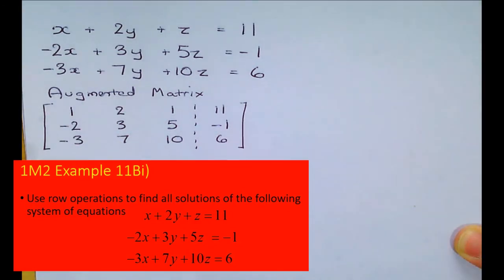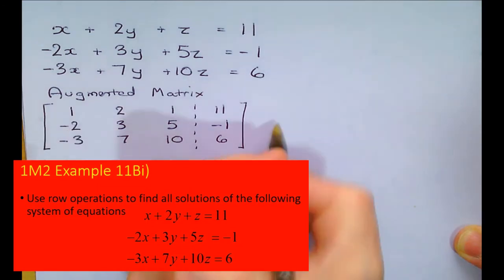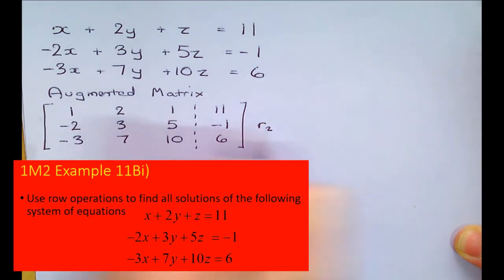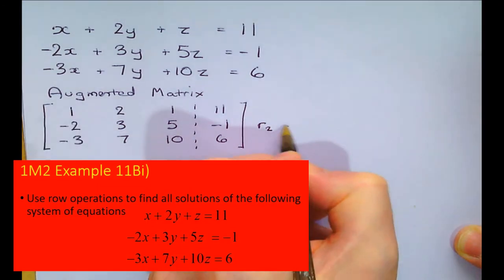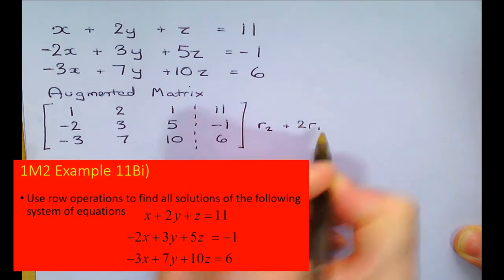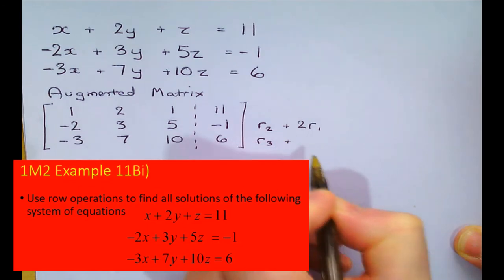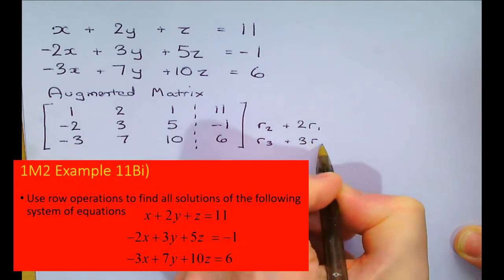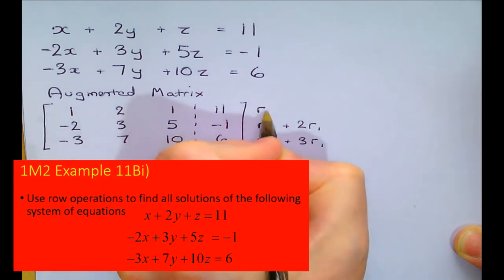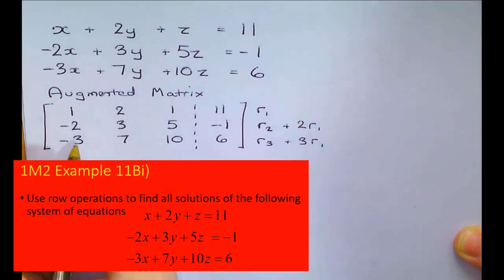We would like zeros in the 2 positions here. So we'll take row 2 and add on twice row 1. We'll take row 3 and add on 3 times row 1. And then row 1 will stay as it is.